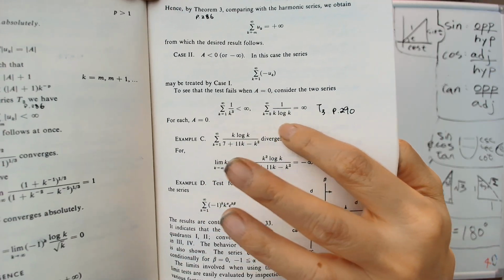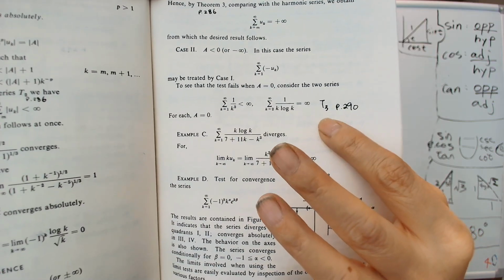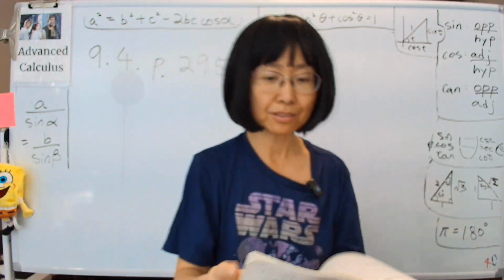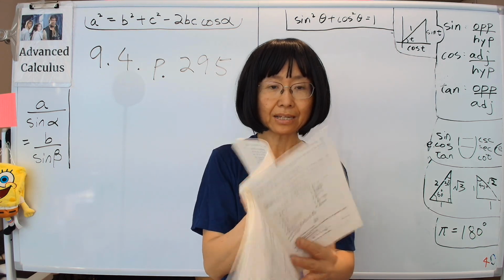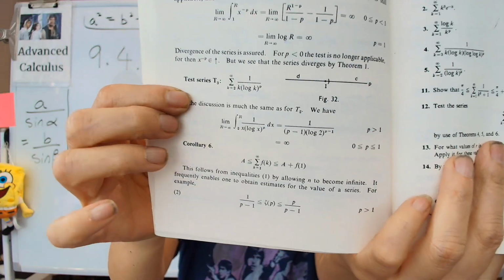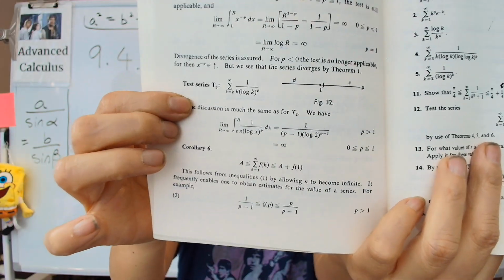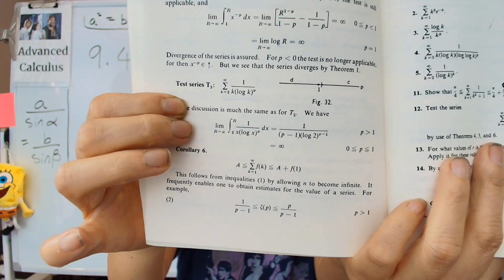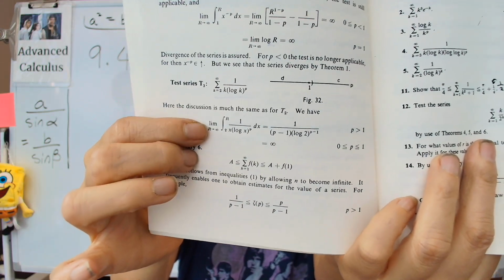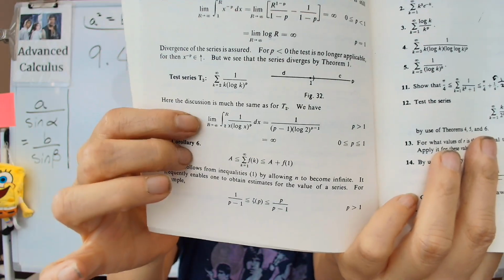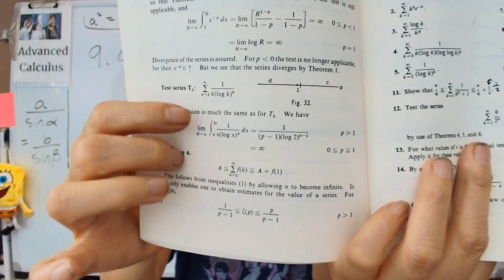Well, if you don't remember why this is divergent, just look at Test Series 3 on page 290, which states anything that looks like that. Okay, it's right here. This is what we did earlier, and then this says that if p is bigger than 1, then, well, never mind.